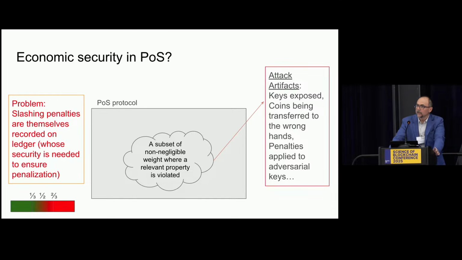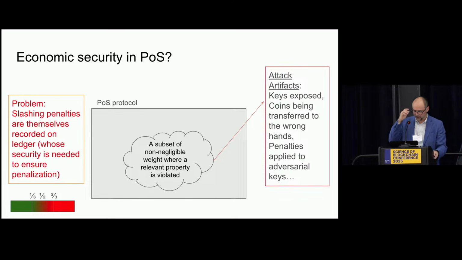The argument I want to make is that we can still get something that I call attack artifacts. These are particular events, such as key exposures, coins being transferred to the wrong hands, penalties recorded on the ledger, and other relevant events whose presence is there because the attack took place.